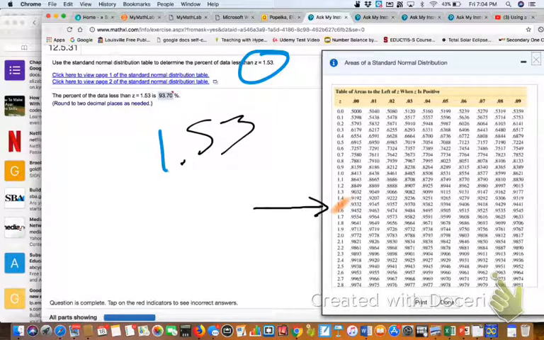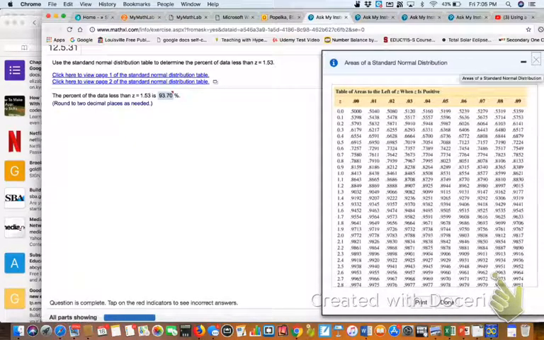So we've got the row that says 1.5, and then across the top, we're going to look for that third number, the 3 in 1.53. The spot where we get the 1.5 and the 0.03 that we're adding is right there, 0.9370. So that is where the book got their percent of 93.7.